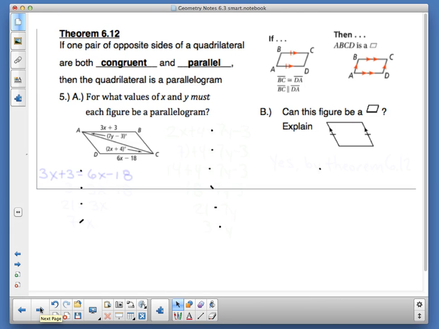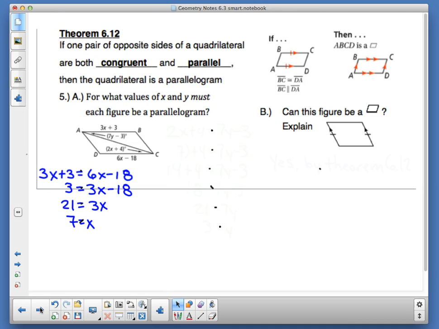That's golden, and I'm going to solve that right away. 3x plus 3 is equal to 6x minus 18. So I'm going to subtract 3x. 3 is equal to 3x minus 18, add 18 and 3, I get 21 equals 3x, and then I got 7 is equal to x.